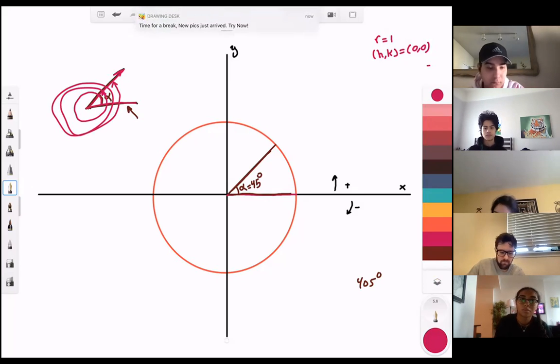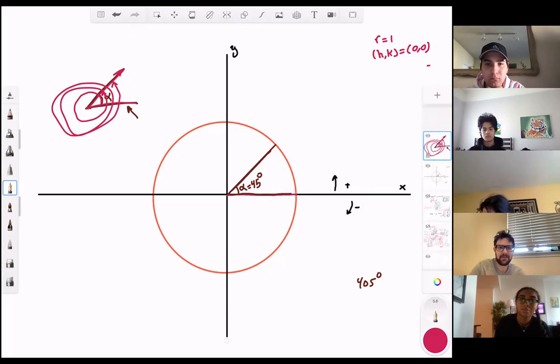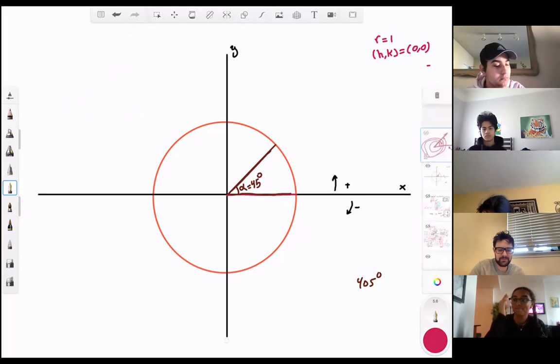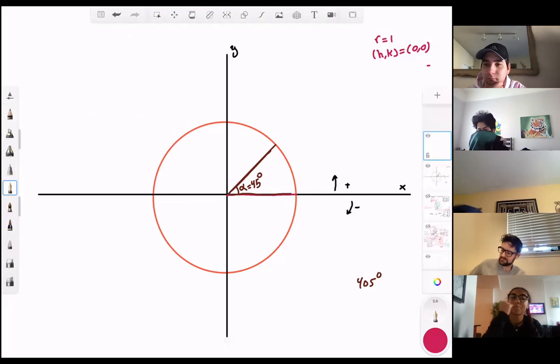So you see X and Y, correct? This is X, that's Y. Can you guys tell me what is the coordinate of this point?